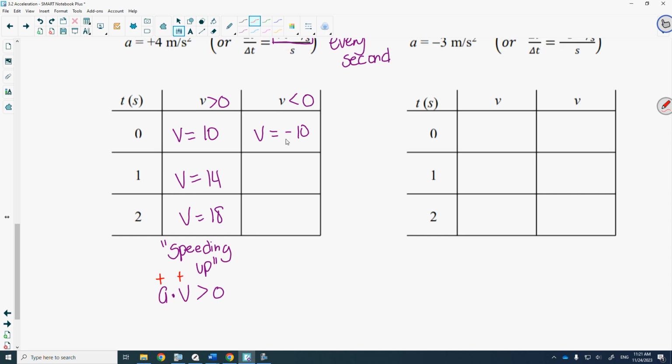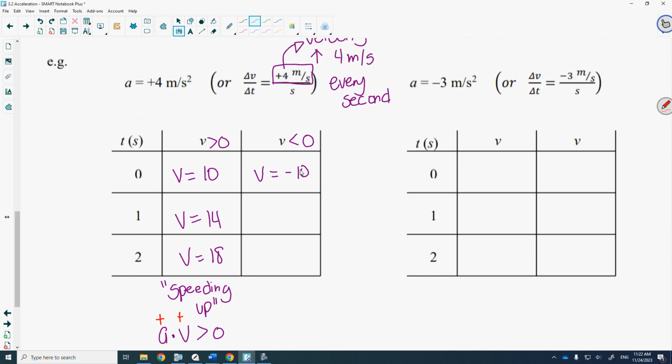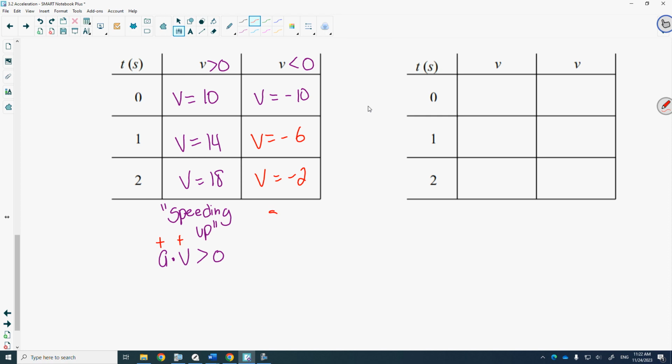Okay. If we look here, if we're at a velocity of negative 10 and I'm going to increase by 4 meters every second, this would give me a velocity of negative 6 and then a velocity of negative 2. This object is slowing down. Okay, so why is it slowing down?